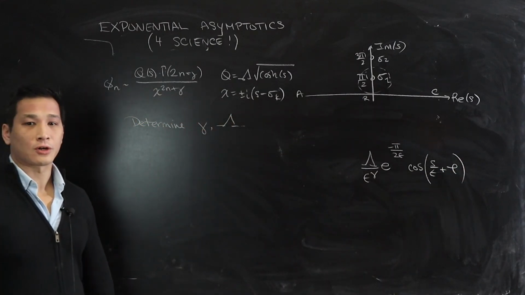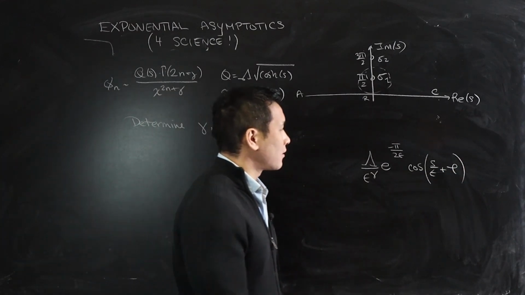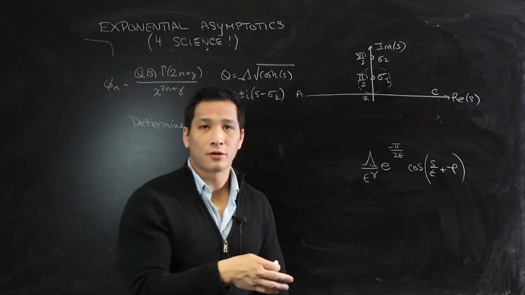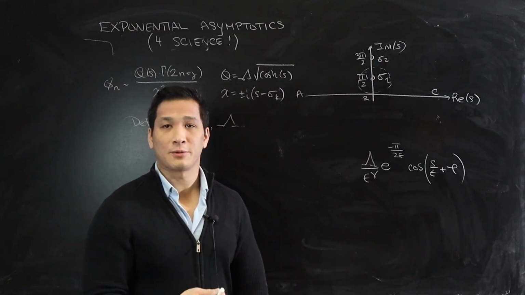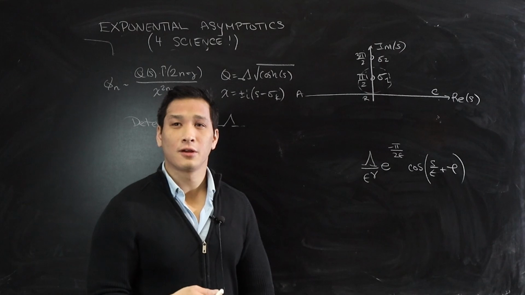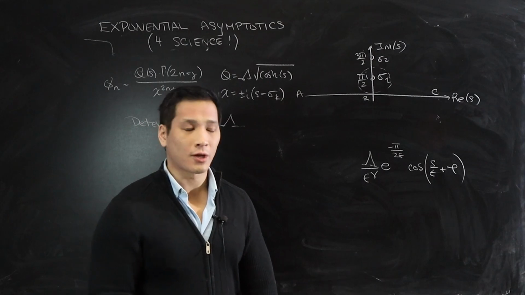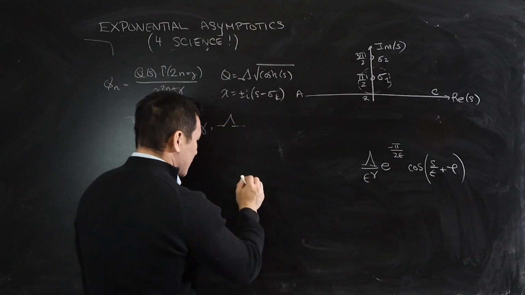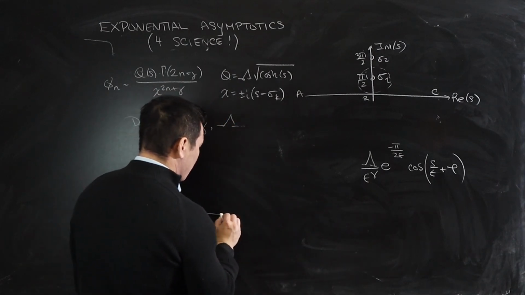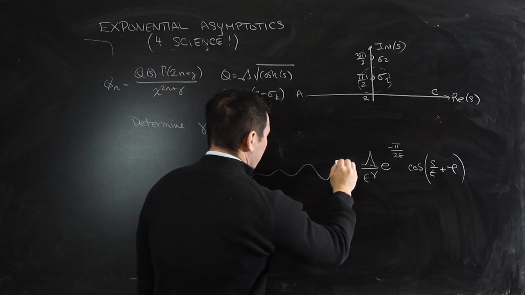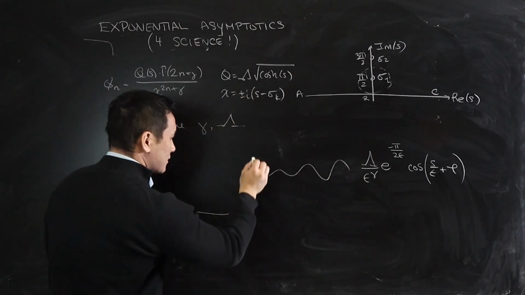The waves that you switch on are of this form. And so if you didn't know how to do the exponential asymptotics, you could attempt to do this numerically. You can solve your differential equation numerically, okay? And you would see a solution profile which does something like this.